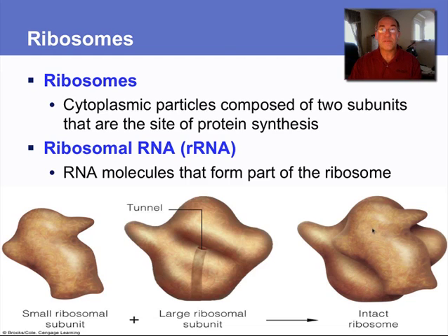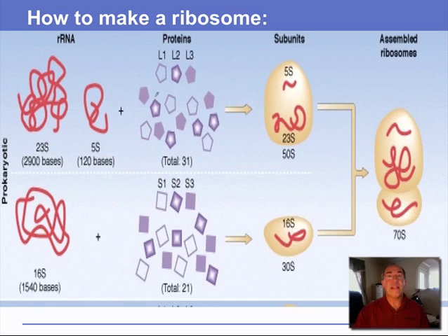So let's see what ribosomes are made of. This diagram shows, here's a large subunit, we'll call this the large subunit, and this one down here is the small subunit. And when we join them together, this is the intact ribosome here. But let's look at the components. We find that a large subunit consists of some ribosomal RNA, two components actually, this size and this size.